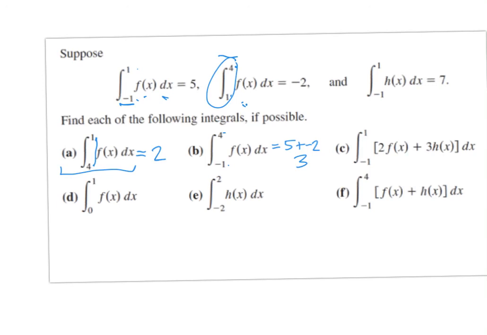For part C, these are things that are broken up. We've got this first one, which is 5, so 2 times 5. And the second one, we do have that integral from negative 1 to 1. That's going to be 7, so 3 times 7, and that would be 31, all things told.